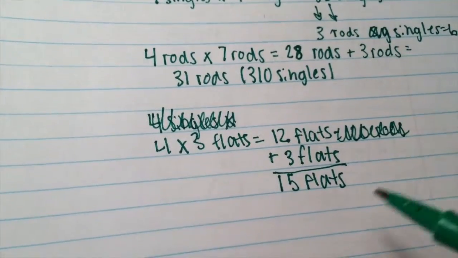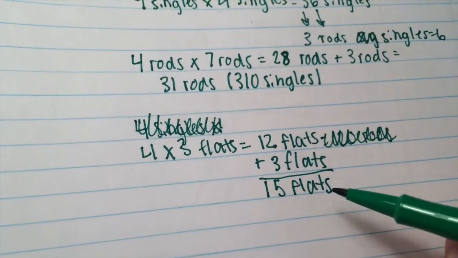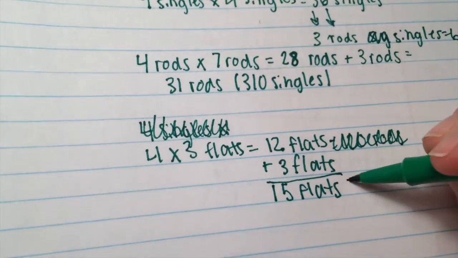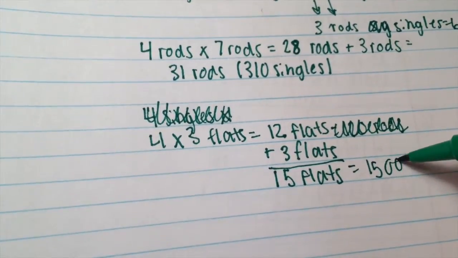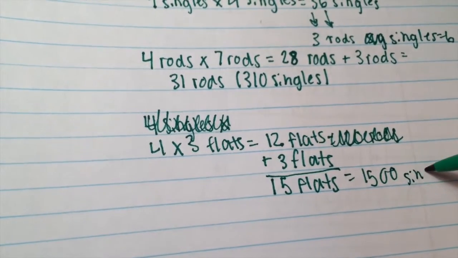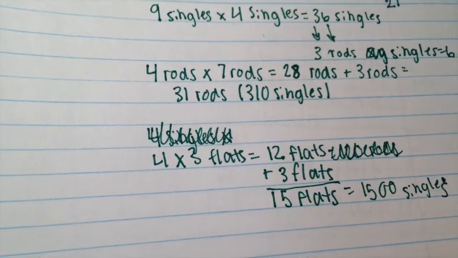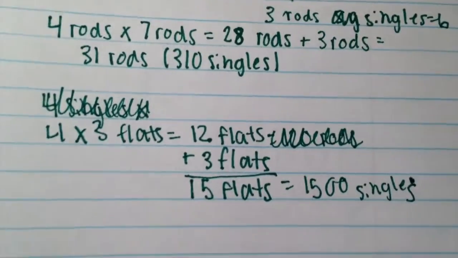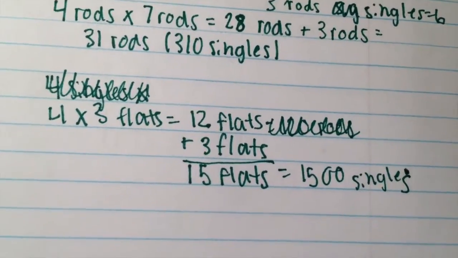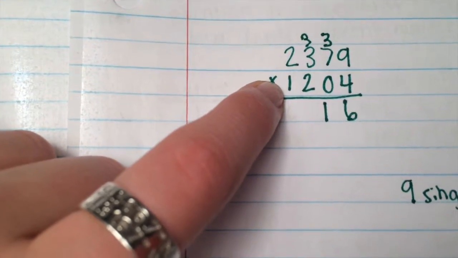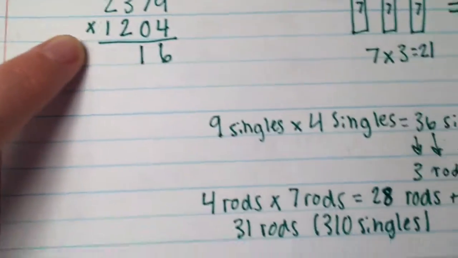So if we think about flats in a singles form, we would have 1,500 singles. If we're thinking about carrying again, we know that a supercube, this next column, is made out of 1,000.